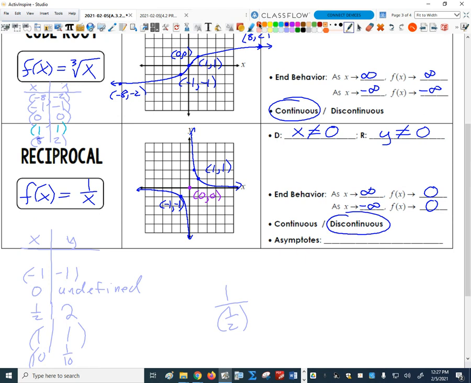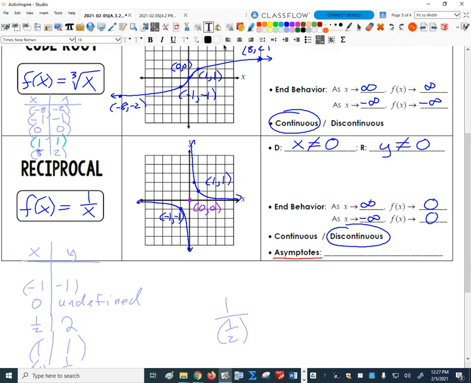Okay, here's the key word. We may not finish this whole thing up today. Asymptotes. What are asymptotes? Okay, let's define that. Asymptotes are, I'm going to type this in because my pen's not working very well.